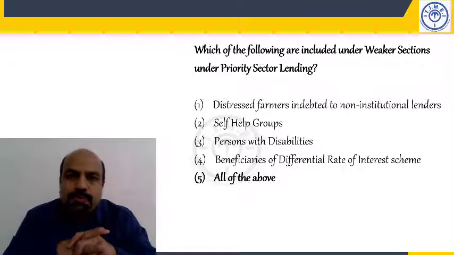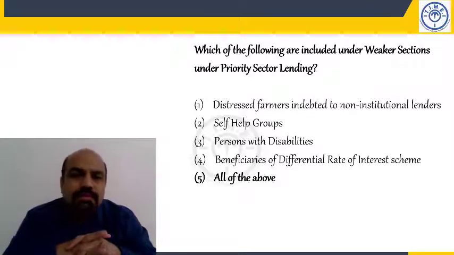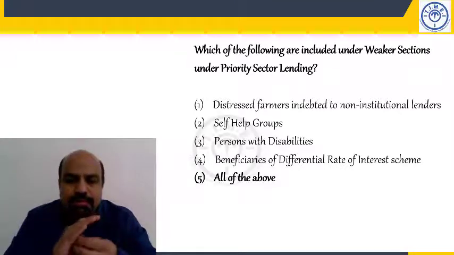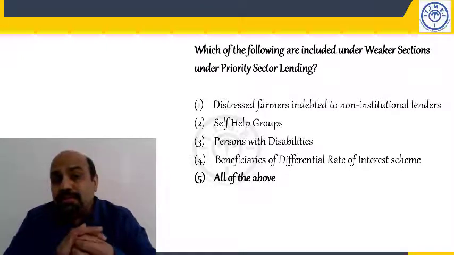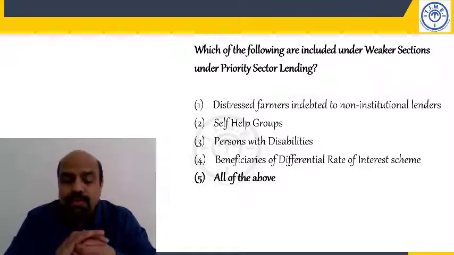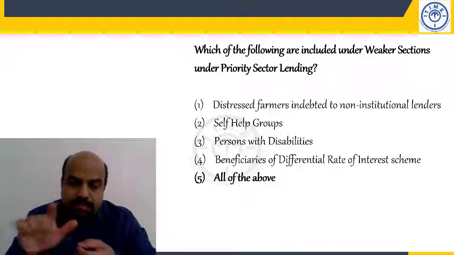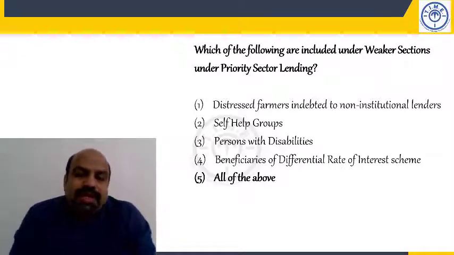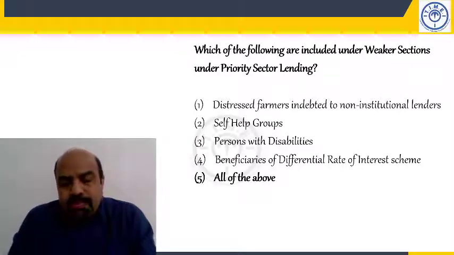Next, export credit. Export, niryat. Next, housing, dash, up to 28 lakhs in urban areas.